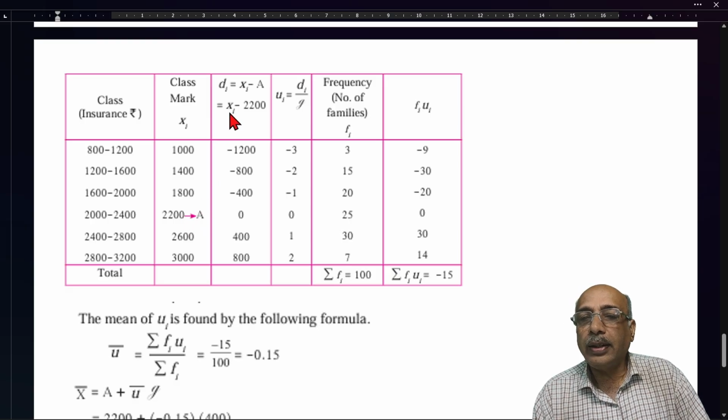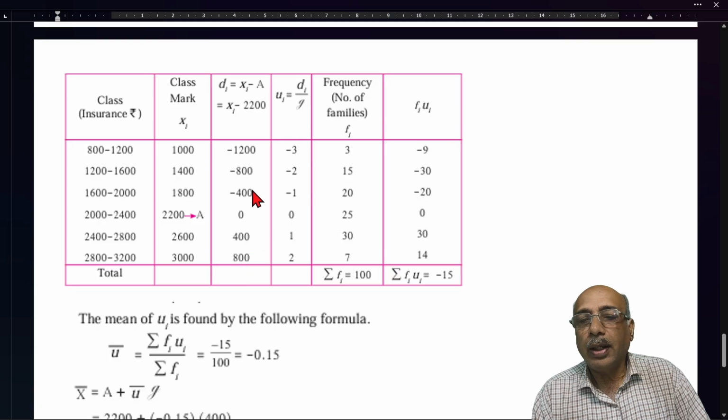According to that, di we have to calculate, that is xi minus the assumed mean a, which is 2200. So 1800 minus 2200 is minus 400. 1400 minus 2200 equals minus 800. 1000 minus 2200 equals minus 1200. 2600 minus 2200 equals 400. 3000 minus 2200 equals 800.